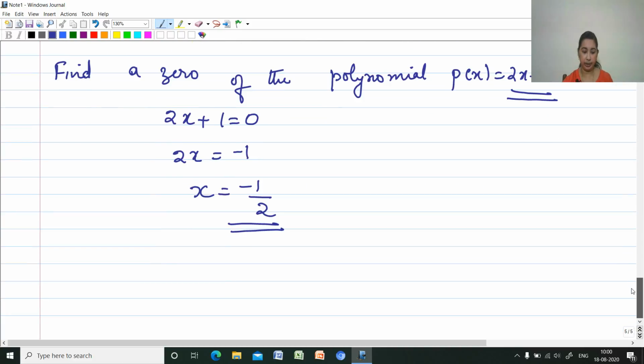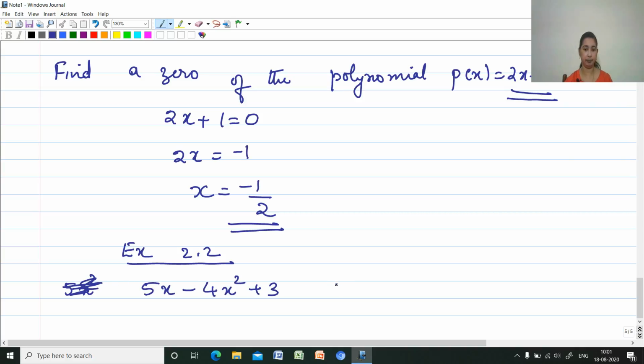So we'll move on to the exercise questions here. Exercise 2.2. Find the value of the polynomial 5x minus 4x square plus 3 at x equal to 0, x equal to minus 1 and x equal to 2.